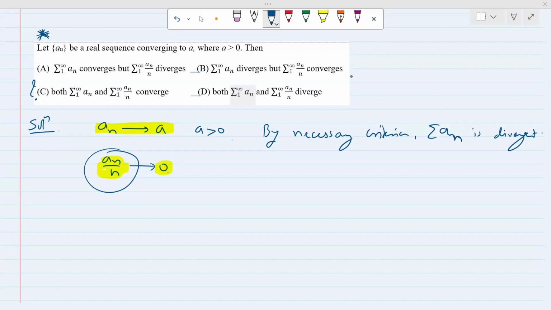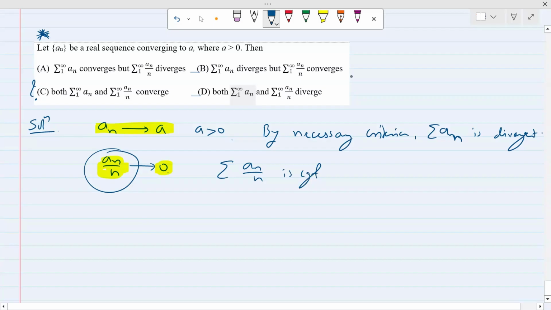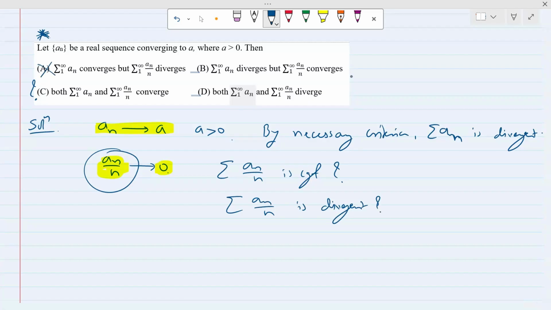So how many of you feel that this series is convergent? And how many of you feel this is divergent? Anyway, this option is ruled out, and this option too, because the first option says summation an converges.